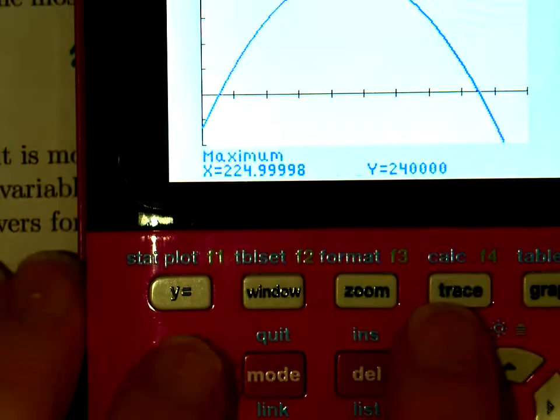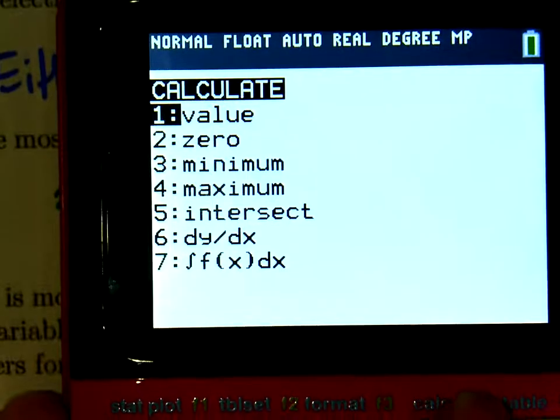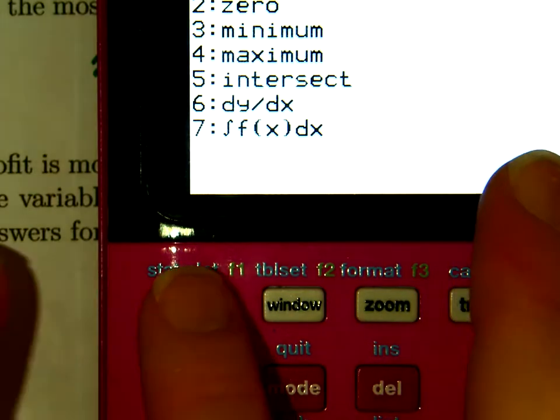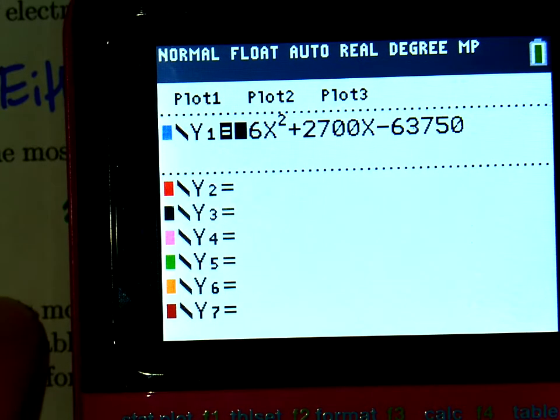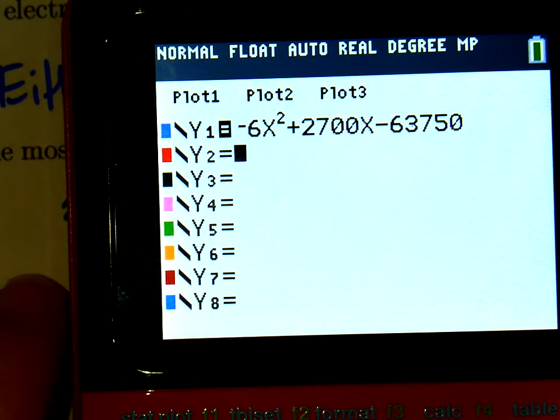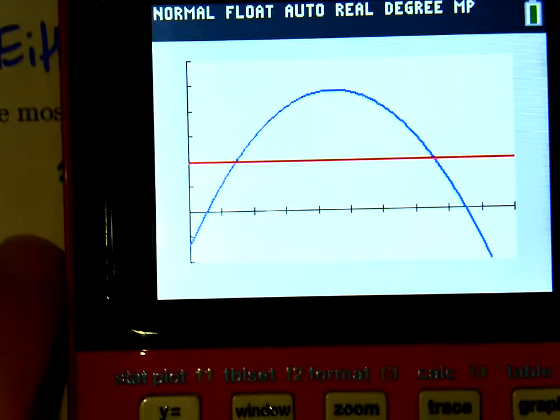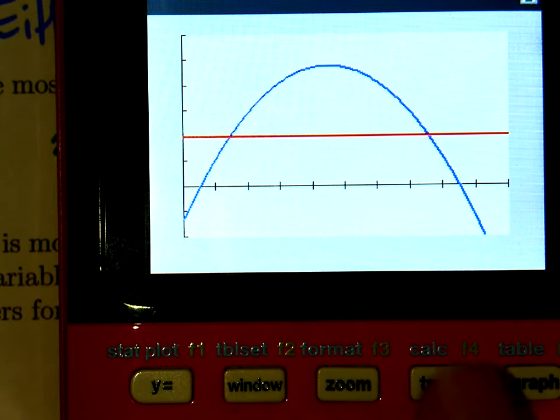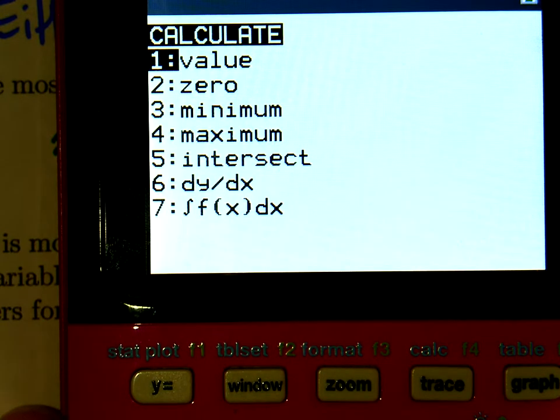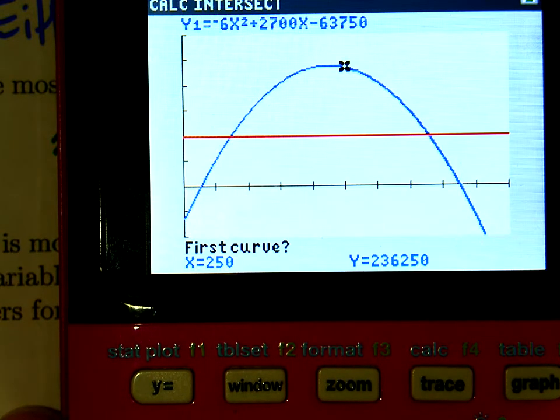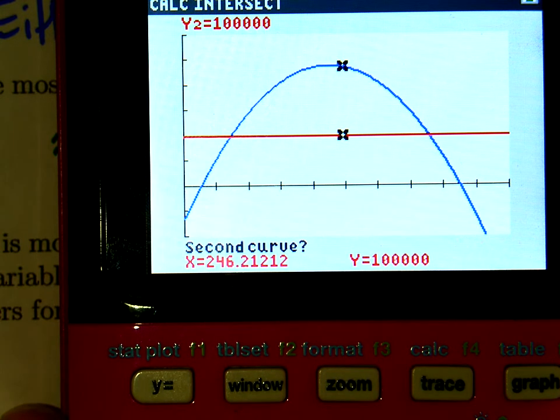I'm going to hit second calculate. Oh, wait. You know what I'm going to do? I'm going to go to y equals and treat this like we did in the past and put in $100,000. And we can find the intersection. We go second calculate, intersect. First curve is blue, second curve is red, and the guess.